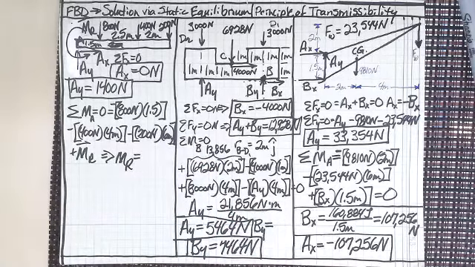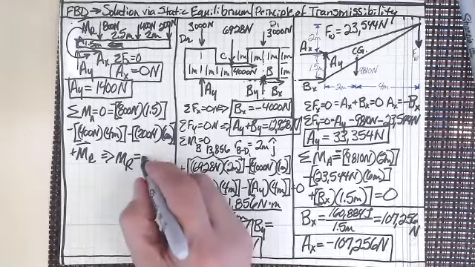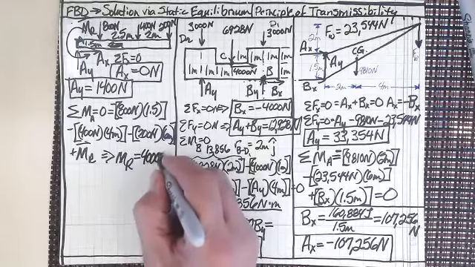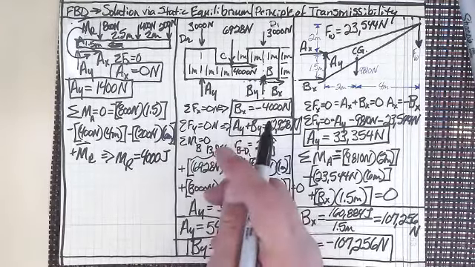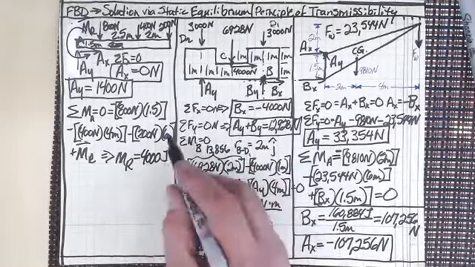So I've got 800 times 1.5 plus 400 times 4 plus 200 times 6, and that equals 4,000 joules or Newton meters, if you wanted to think of it that way.